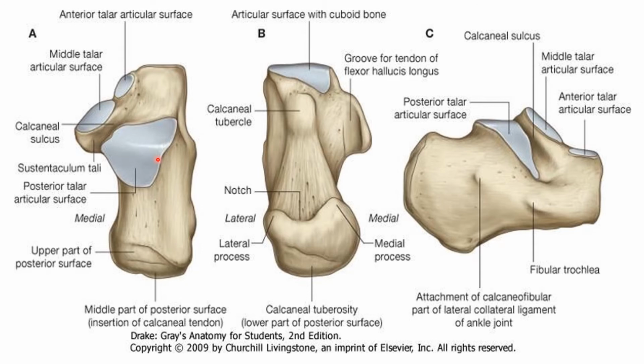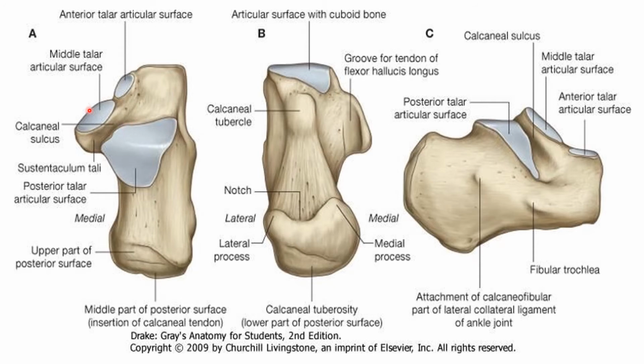They articulate with the corresponding facets of the talus, which you should remember. So we say anterior talar articular surface, middle talar articular surface, and posterior talar articular surface. These three facets articulate with the corresponding facets of the talus.